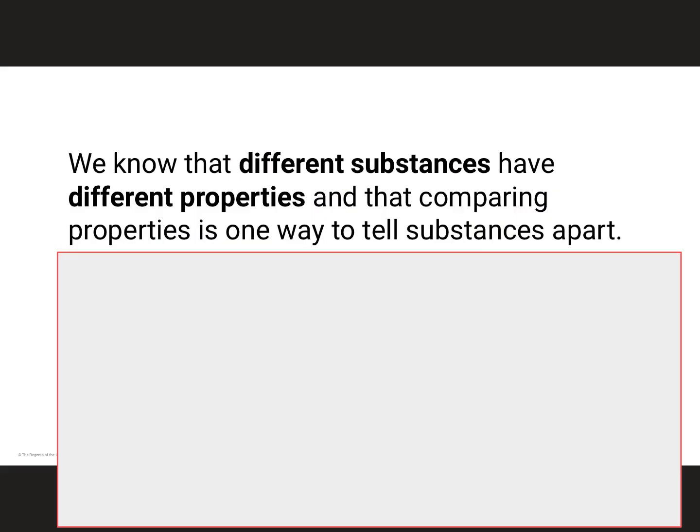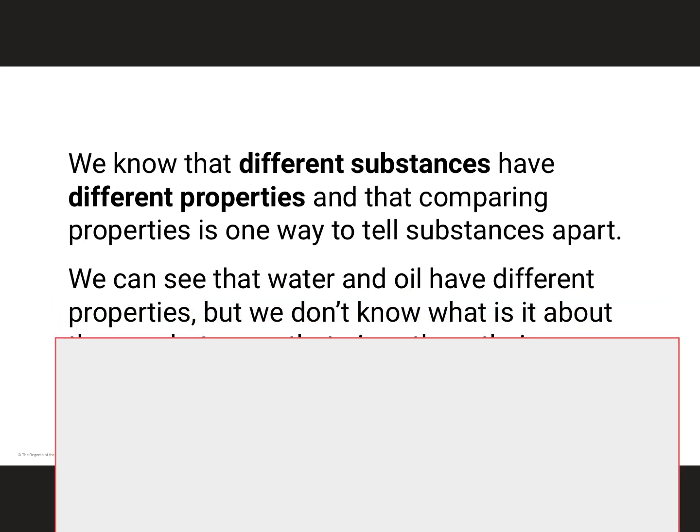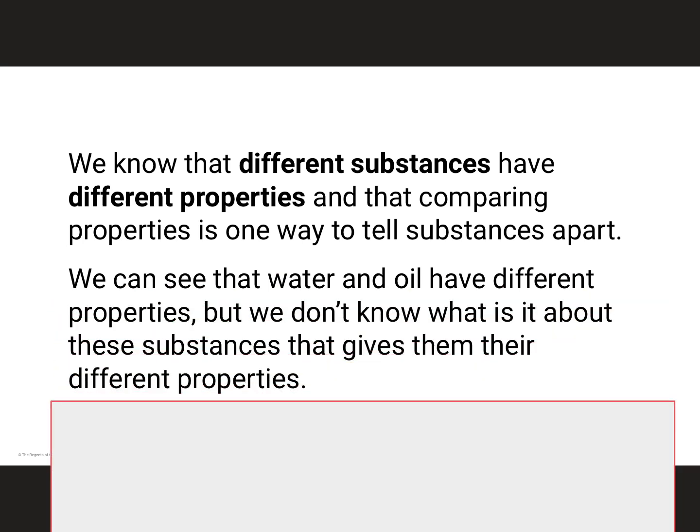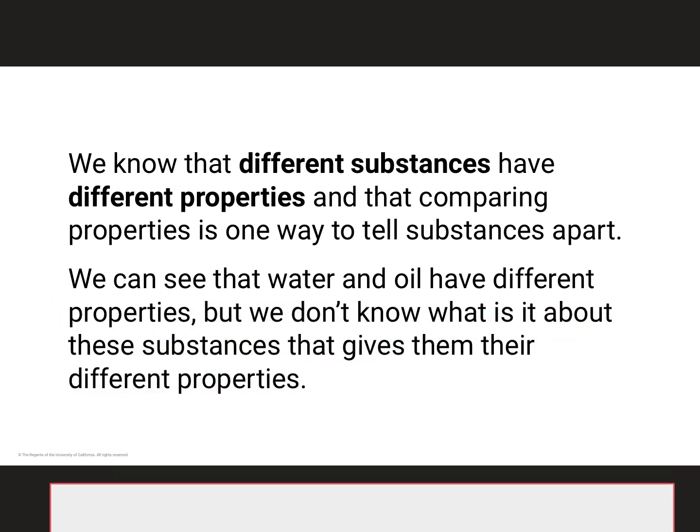Now, with our oil and water example, we know that substances have different properties. We saw that. And that comparing these properties is one way to tell substances apart. We can see that water and oil have these different properties, but the real question is, we don't know what it is about these substances that actually gives them their properties.